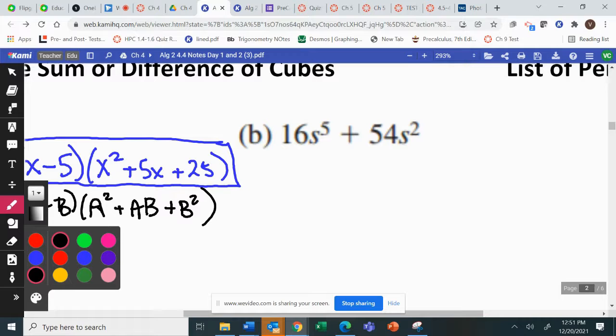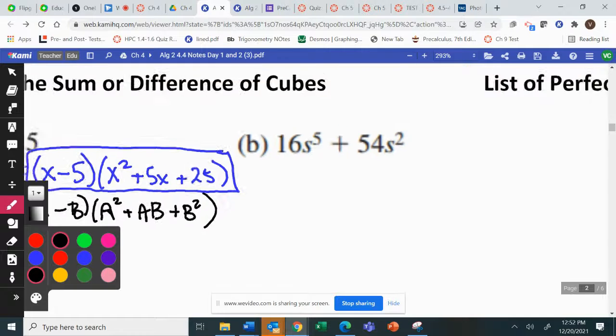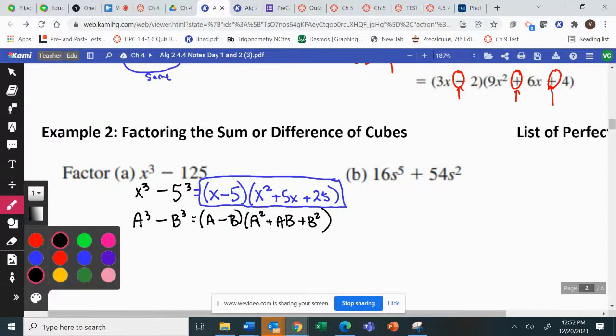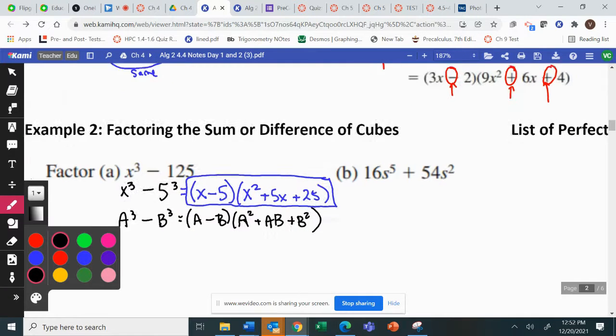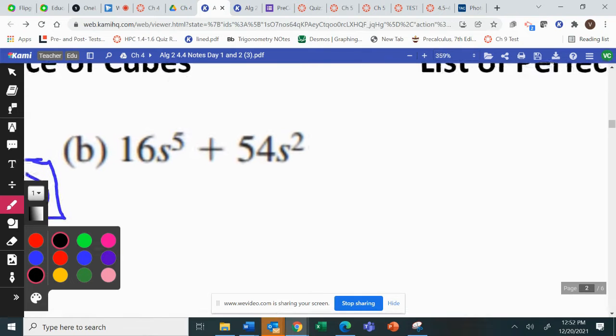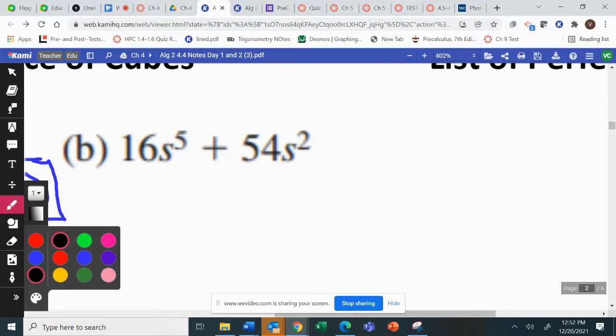Is it because 54s is being squared? No, that's why it's not a cube. But why would they give me an example like that? It says factoring the sum or difference of cubes. Why would they give me this example if I don't have cubes?